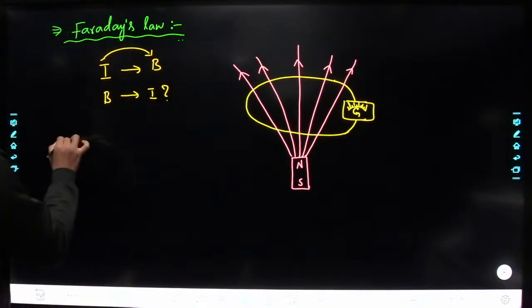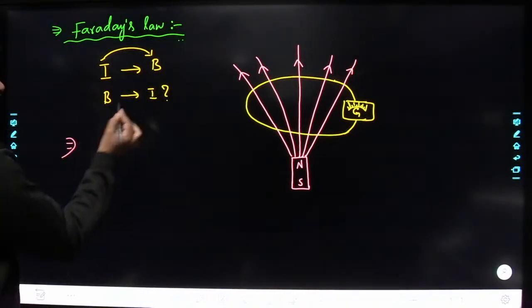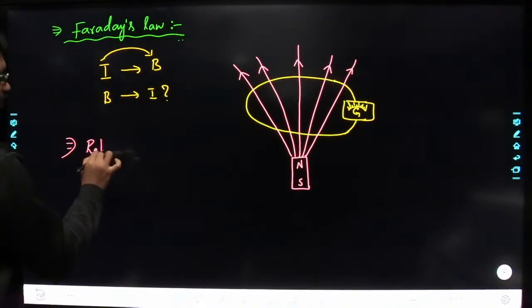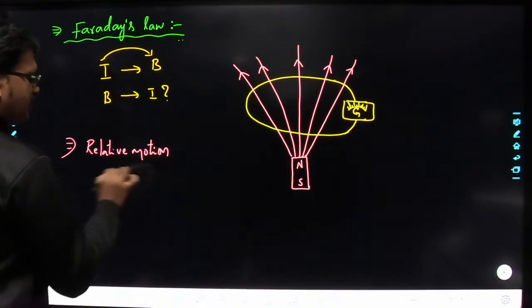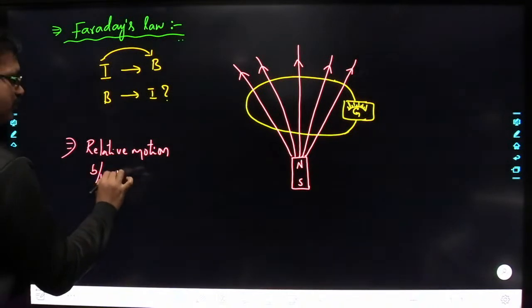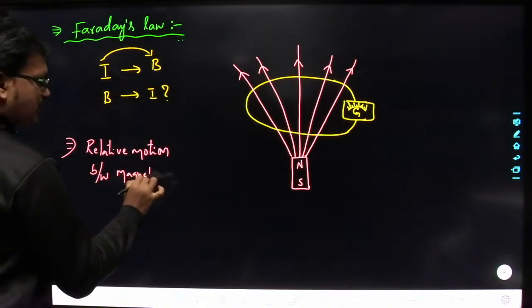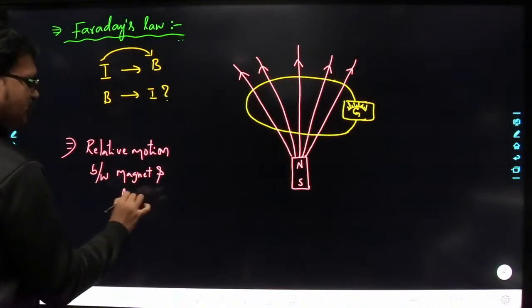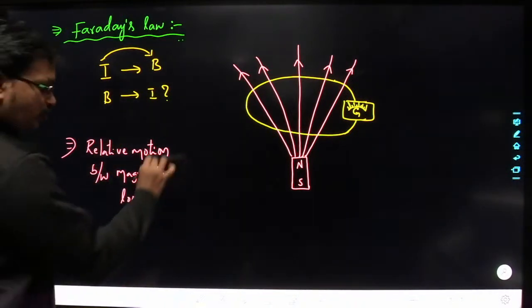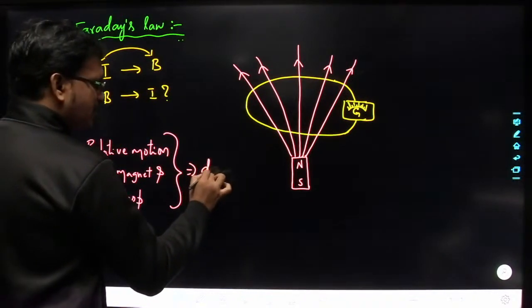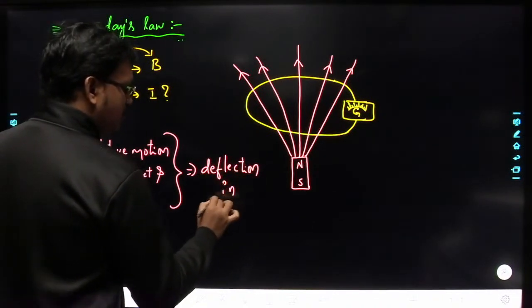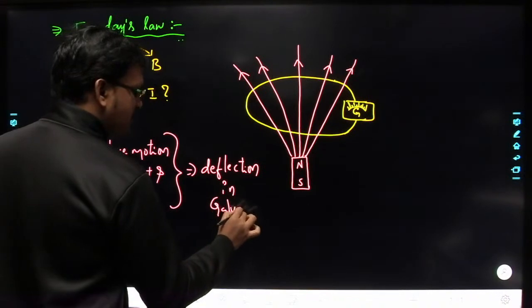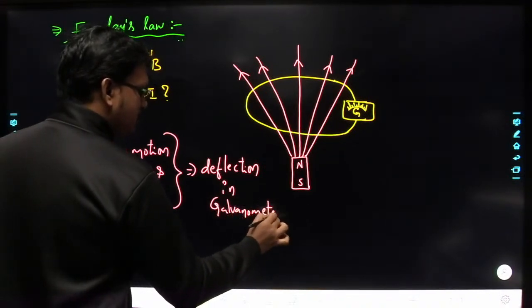So what is his observation here? Whenever there is a relative motion between magnet and loop, in this case he observed a deflection in galvanometer. Right?